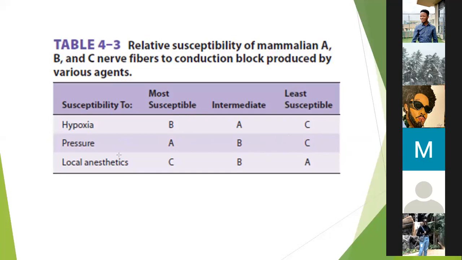Again, it is opposite of what you find in pressure. The most susceptible will be the C fibers, those that are focusing on pain. So once you are given an anesthetic, you can stop feeling the pain, but you can still feel the touch.